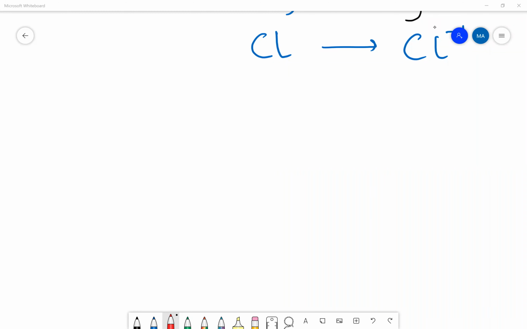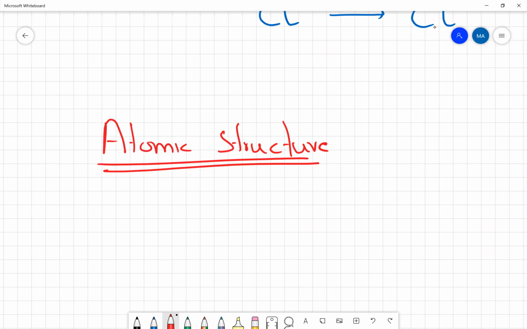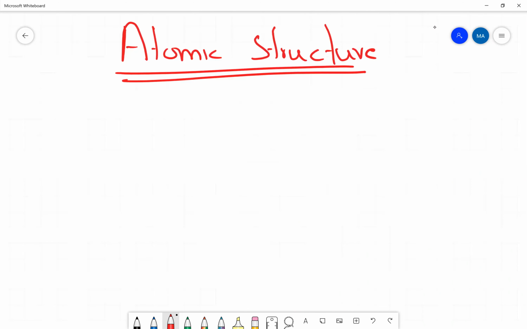All right, atomic structure. This is chapter number 2 for AS level chemistry. You must have studied this topic in your O levels as well, regarding the structure of an atom, the subatomic particles, the electron shells, the nucleus, the protons, the neutrons.